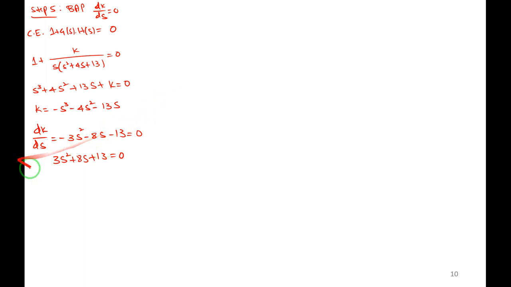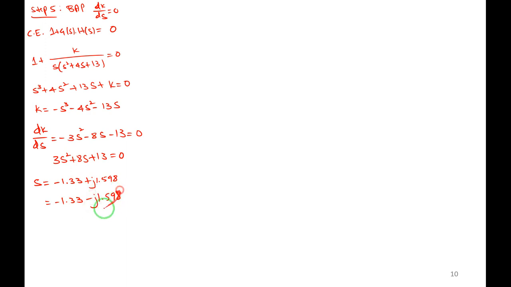So one of the roots is s equal to minus 1.33 plus j 1.598. Another root, let me write it here: minus 1.33 and the imaginary part is minus j 1.598.